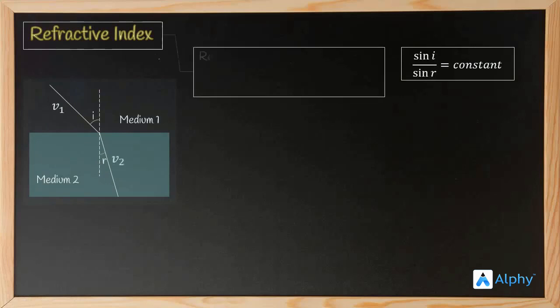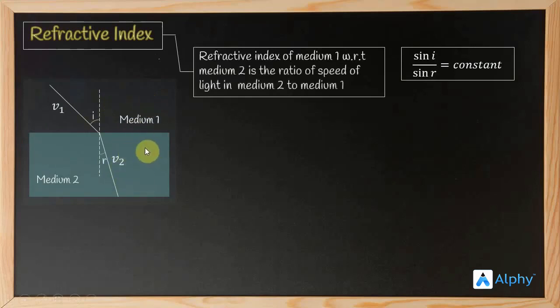So the refractive index of medium 1 with respect to medium 2 is defined as the ratio of speed of light in medium 2 with respect to medium 1. So that means n12, which is a symbol to show refractive index of 1 with respect to 2, is equal to V2 by V1.